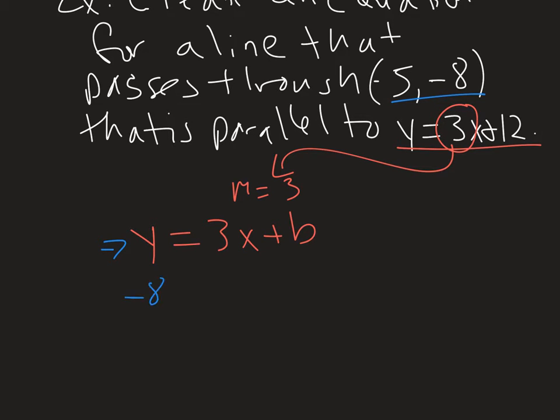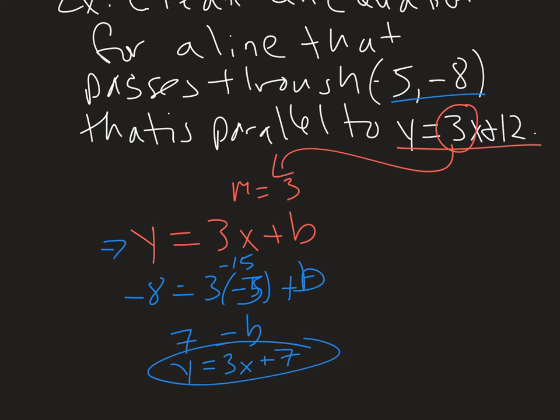So -8 has to equal 3 times -5 plus b. Now, I can use this to solve for b. So I have -15 here. I add 15 to both sides. This tells me that b has to be 7, which tells me an equation for this line would be y equals 3 times x plus 7. That would be the slope-intercept method.